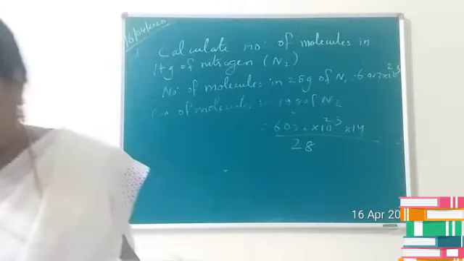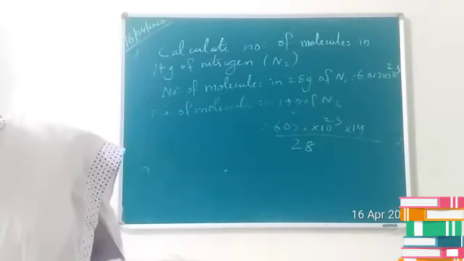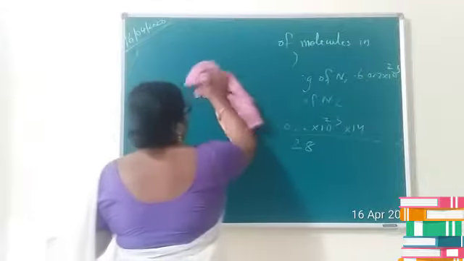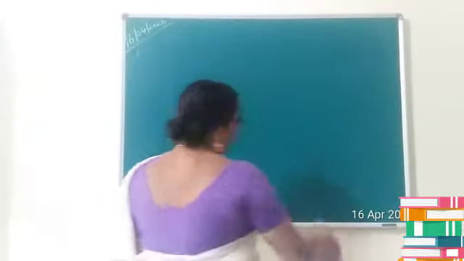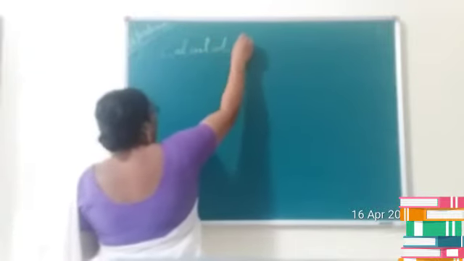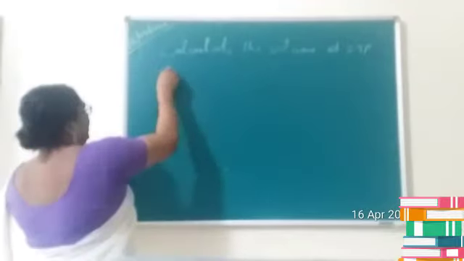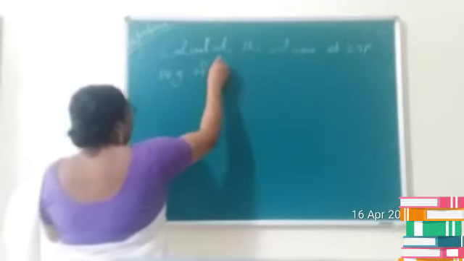Now let us solve the next type of question: to calculate the volume of the following at STP. Yesterday we have discussed about molar volume also. Volume at STP. Let us calculate for 14 grams of again nitrogen.